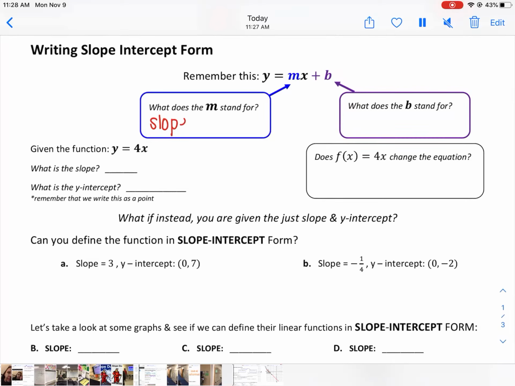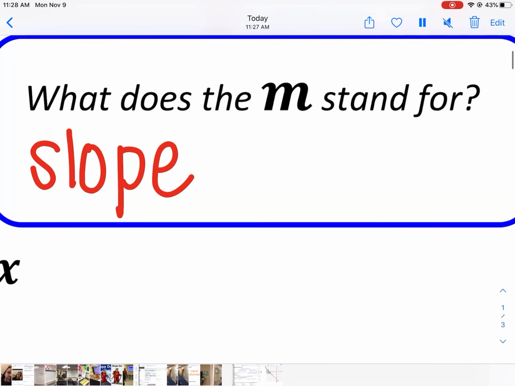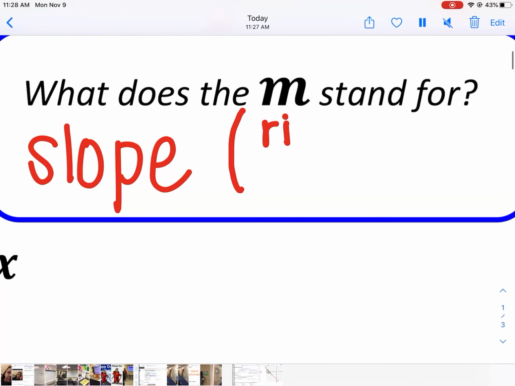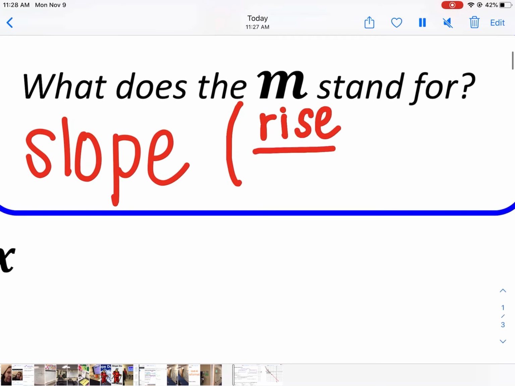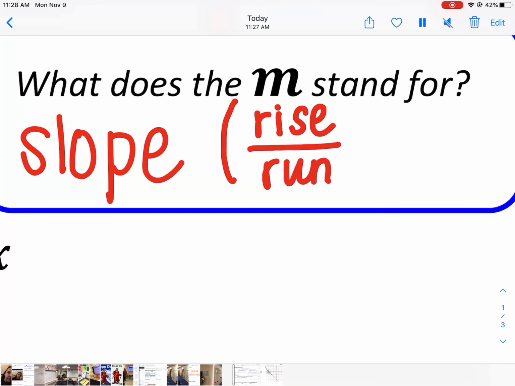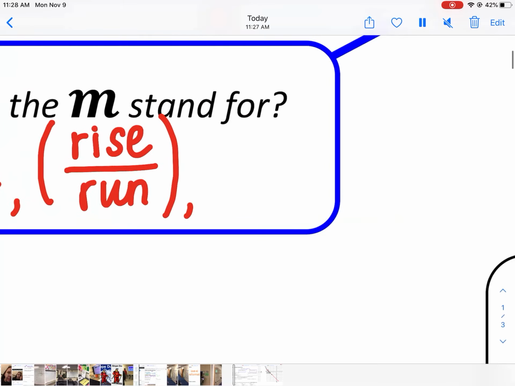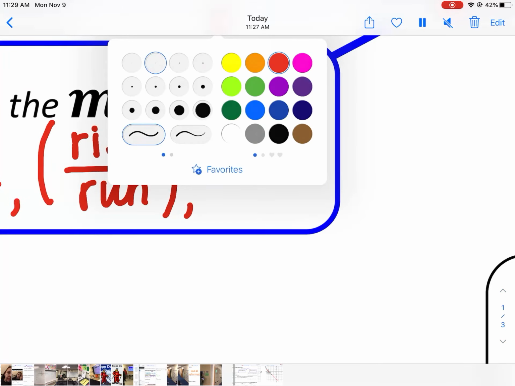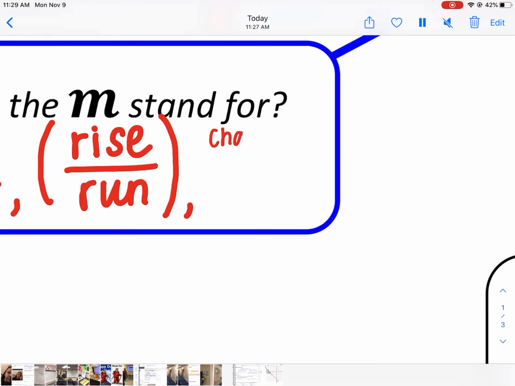Okay, so we are kind of working backwards, starting with some equation and identifying the slope, identifying that it is rise over run, and maybe written in a different way, the change in y over our change in x.